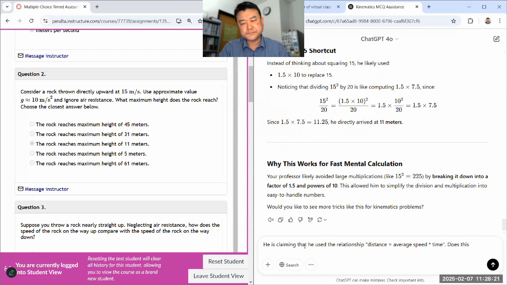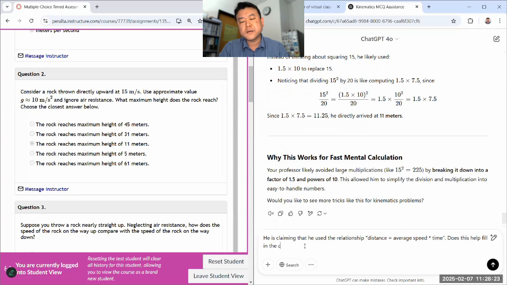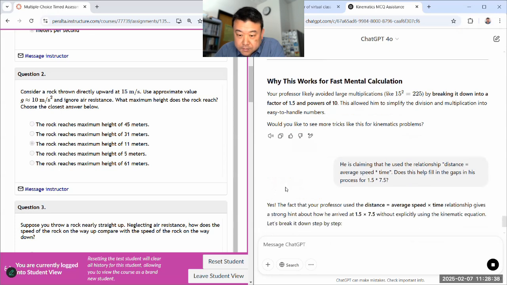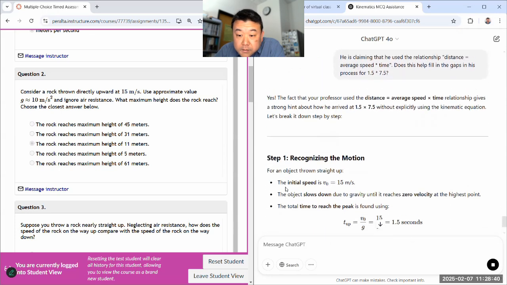Does this help fill in the gaps in his process for 1.5 times 7.5? And ChatGPT might now finish the rest of it.